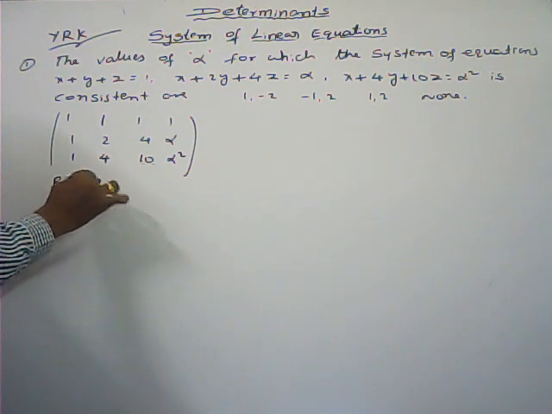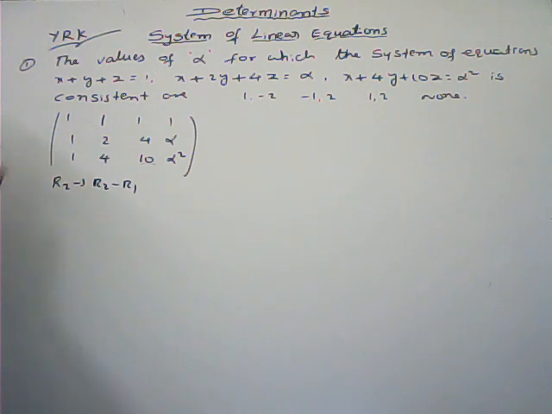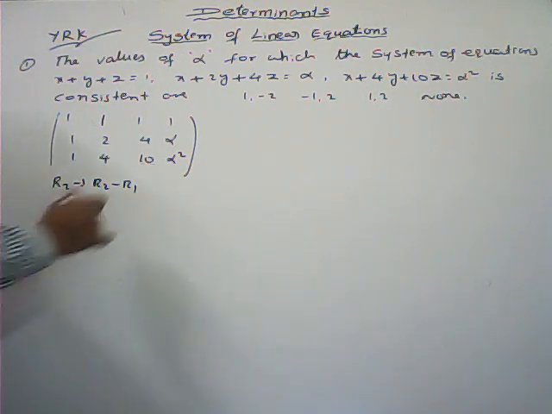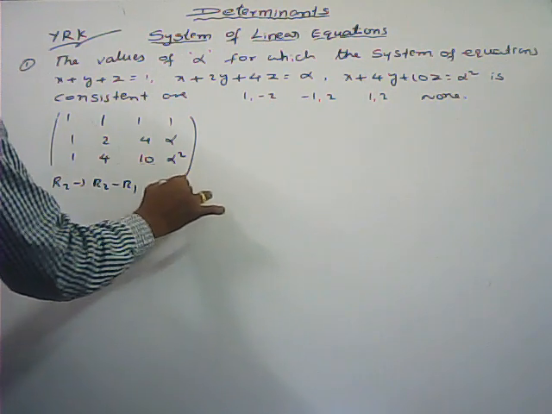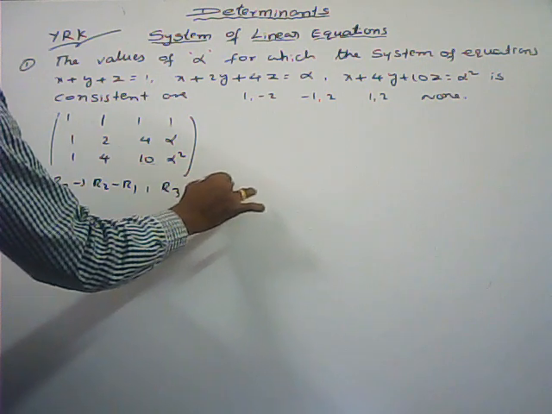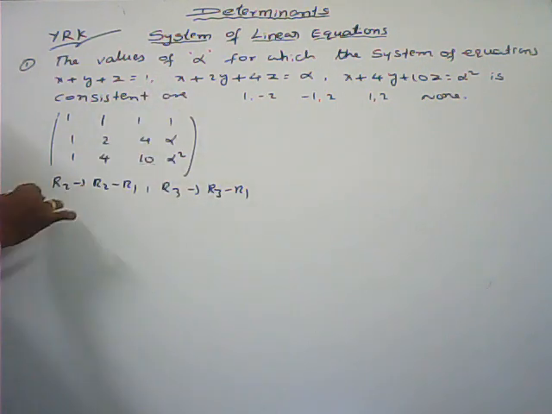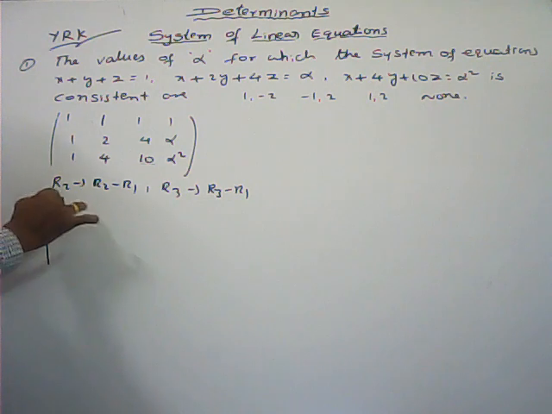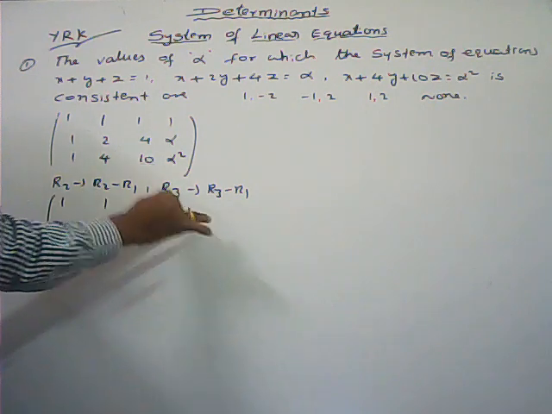R2 tends to R2 minus R1. By using the leading coefficient, here also we should get a 0. R3 tends to R3 minus R1. So 1, 1, 1, 1.